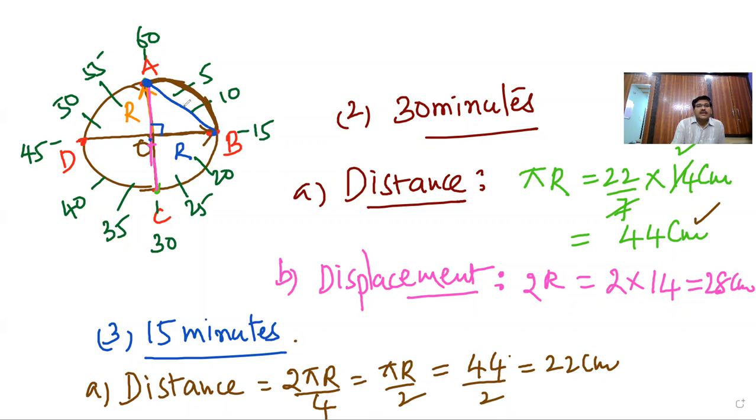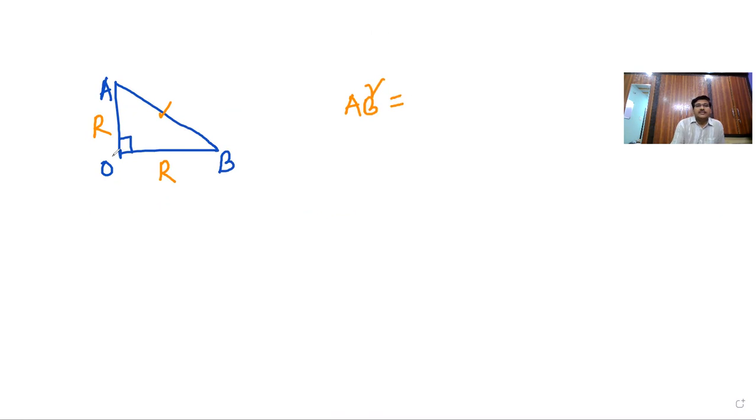So in the right angle triangle, the hypotenuse we require. This is O, A, and this is B. This is a complete right angle triangle. In this case, this is R, this is R. We require AB. So in this right angle triangle, by Pythagoras theorem, hypotenuse square is base square plus height square.